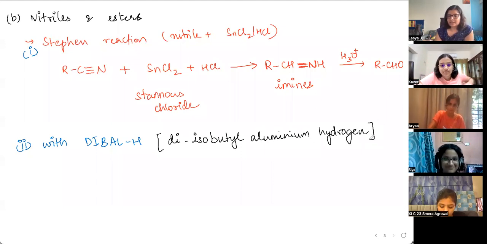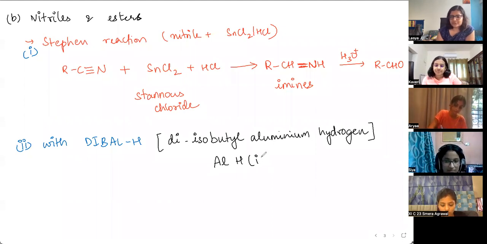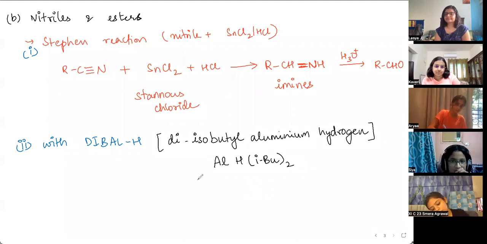Chemically, so you have aluminium hydride, you have H and 2 isobutyl groups. Write it as iBu2AlH. This is the formula.